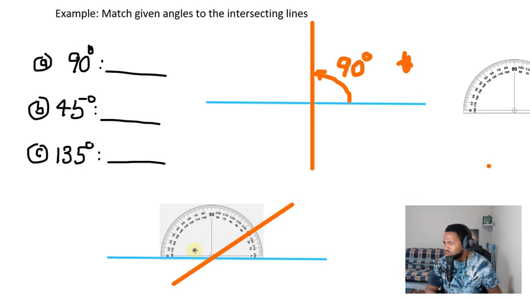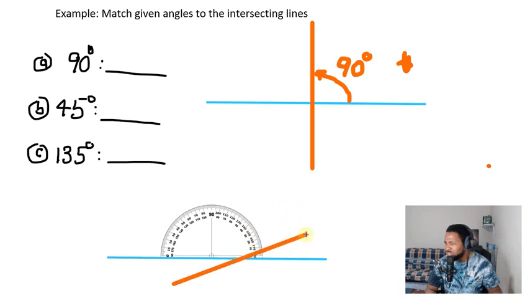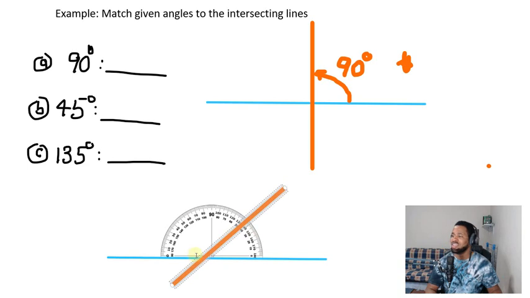It is close to 45 degrees, but I was almost right. To adjust it to 45 degrees, you start from 0 here, and then you move to this 20, this 30, this 40, and this is around 45 degrees right here. So yes, this measure is indeed 45 degrees.